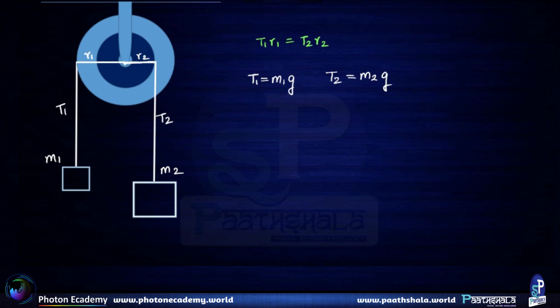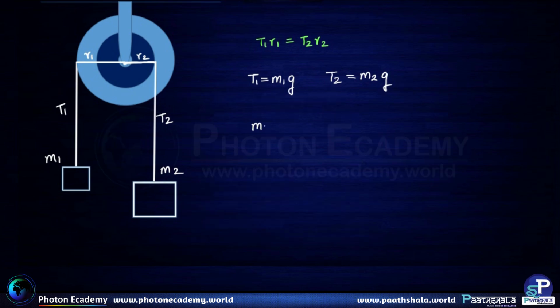So for this system, M1GR1 is going to be equal to M2GR2 as a condition for equilibrium.